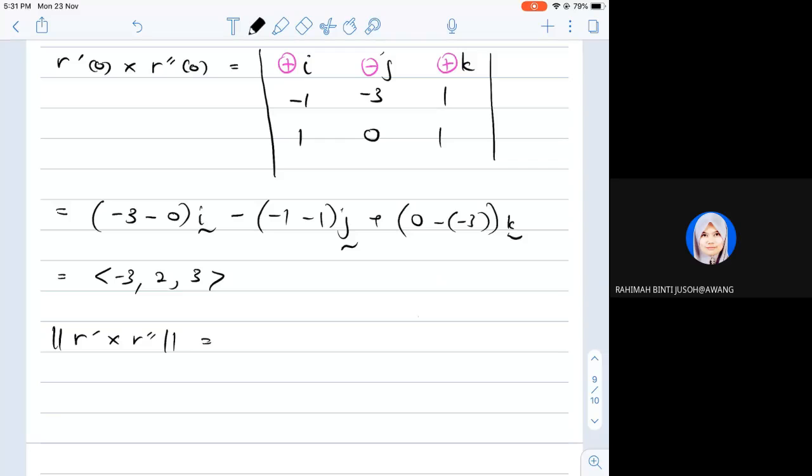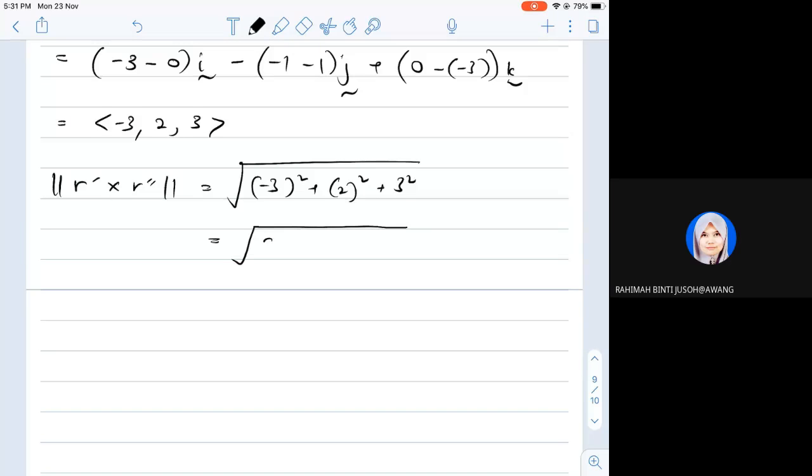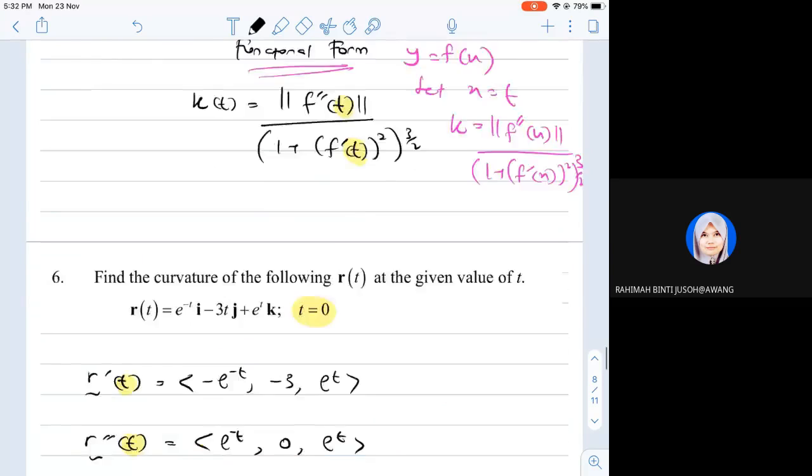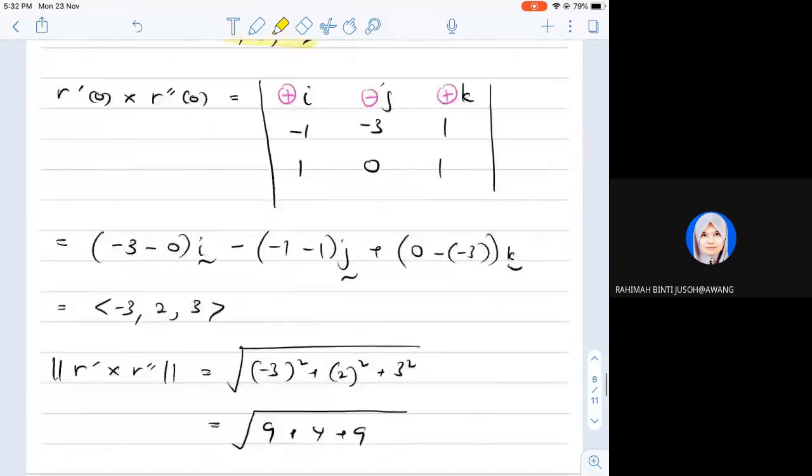Negative 3 squared plus 2 squared plus 3 squared, so we have the square root of 9 plus 4 plus 9, which is 22. Square root of 22. And then what else? For the formula, we need to find the magnitude of r prime.